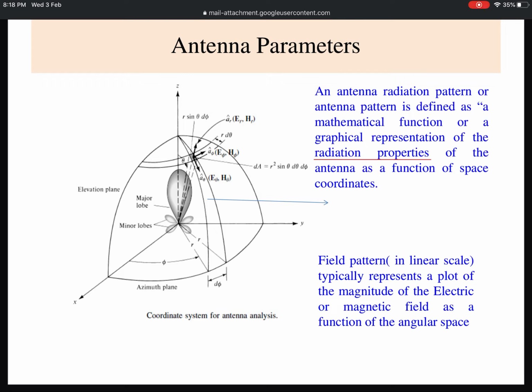I have shown it here in Cartesian and in spherical. See how it is done. These unit vectors have been defined for a spherical system, and these are mathematical functions of the electric field in a space coordinate. So you can see that the vectors E and H have been defined along the unit vector directions, and the elemental area is defined in spherical coordinates.